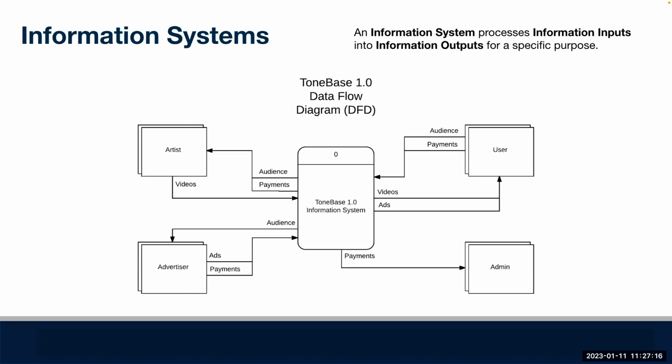And then the information output from such a system would not be your sandwich, because that's a physical good, but rather the receipt that has the total on it. That's one way of conveying an information output from your sandwich ordering system. Anyway, information systems, that's what we're dealing with at a high level.